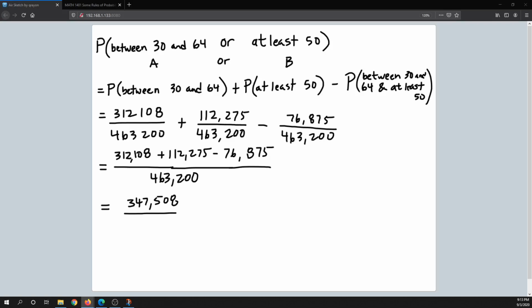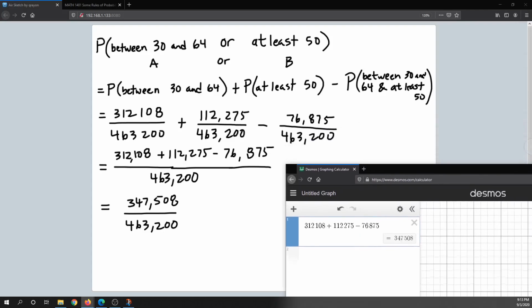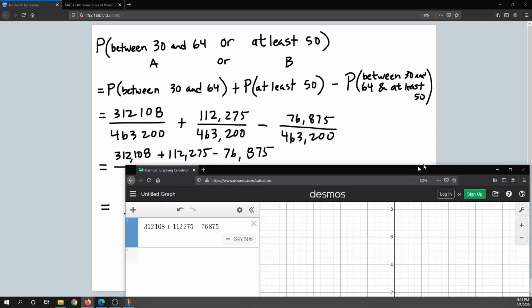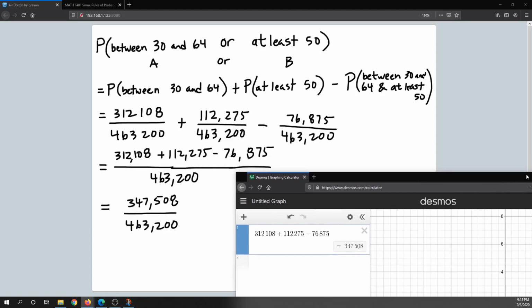On the bottom, I would get 463,200. Just double check that. Looks okay.